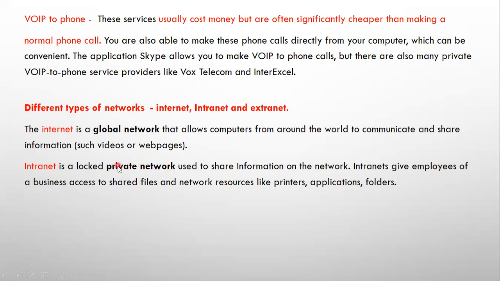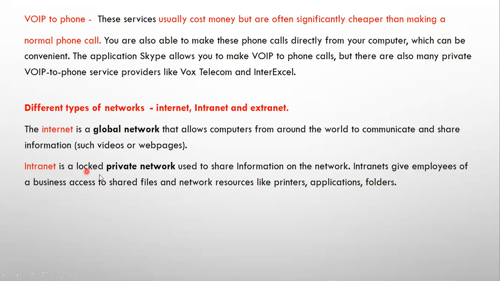Each company can have their own intranet, used to share information on the network. Intranets give employees of a business access to shared files and network resources like printers, applications, and folders. So you can share printers, that's your hardware, you can share software, you can share files and folders.